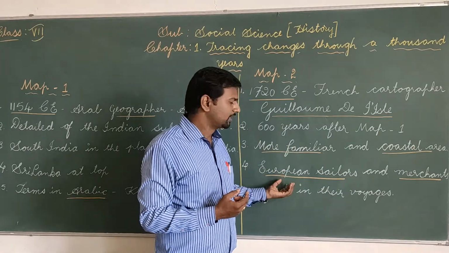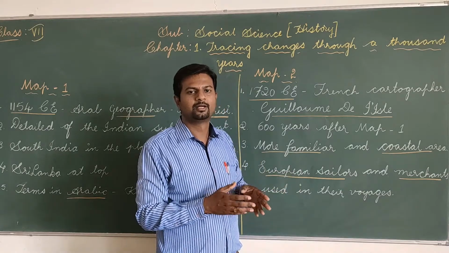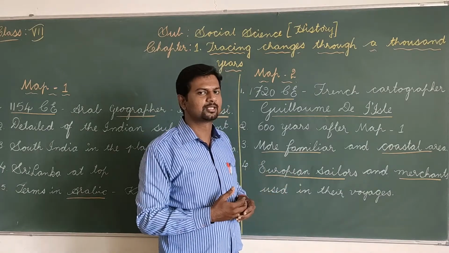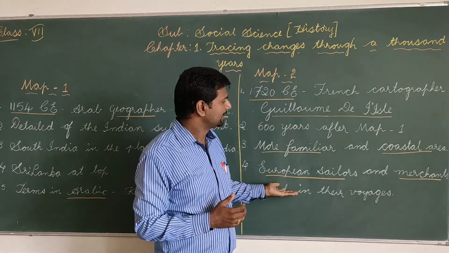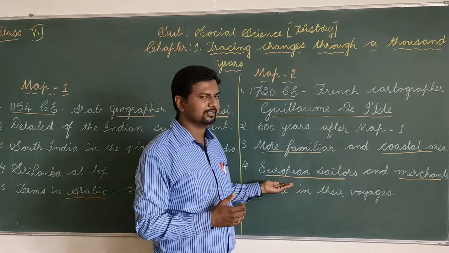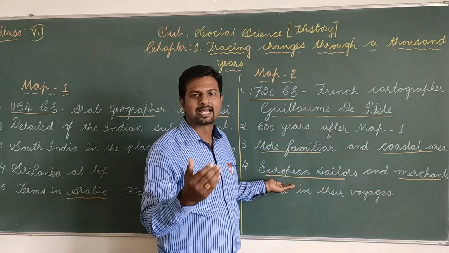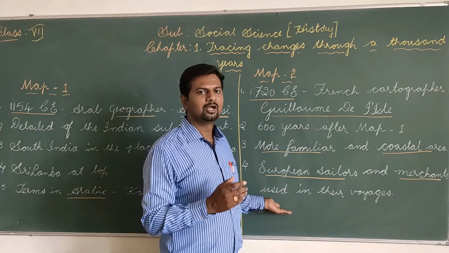They were finding it difficult to reach India, the Indian subcontinent. But when this man created the map, they referred to it, and the merchants and the sailors easily traveled to the Indian subcontinent and had contact.